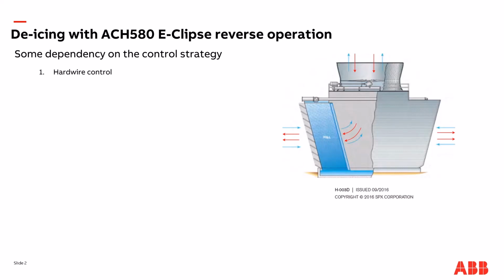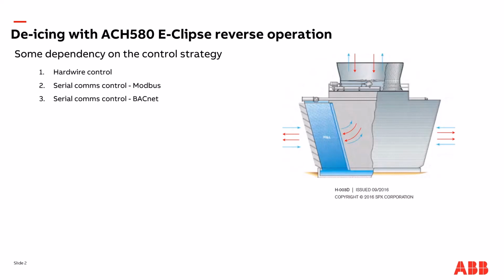The first and most common configuration is traditional hardwire control. This is also the default configuration with an ACH580 E-Clipse bypass system. In this case, the frequency reference is wired to an analog input on the ACH580, and the control inputs, the start-stop, the safeties, other interlocks, they're all landed at the discrete inputs of the E-Clipse bypass.